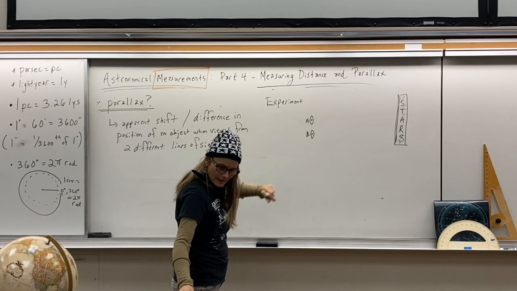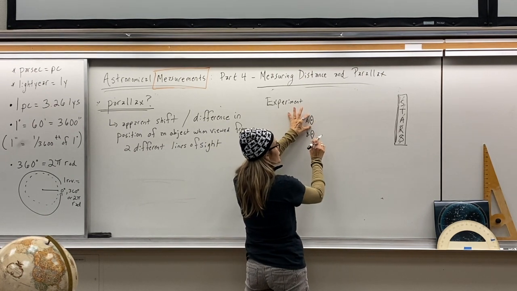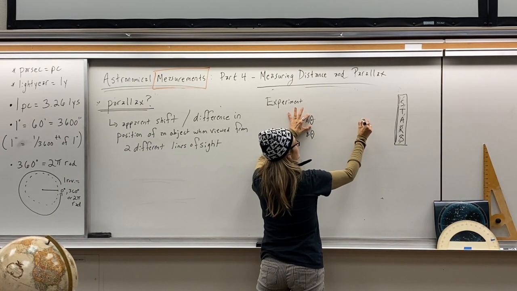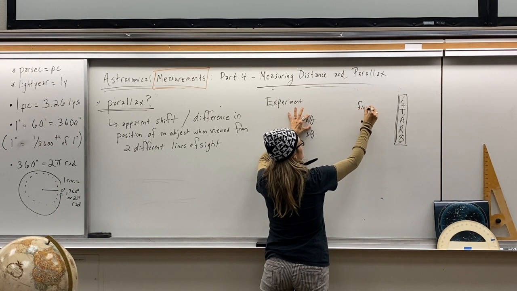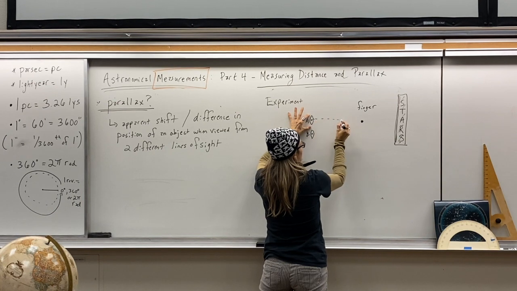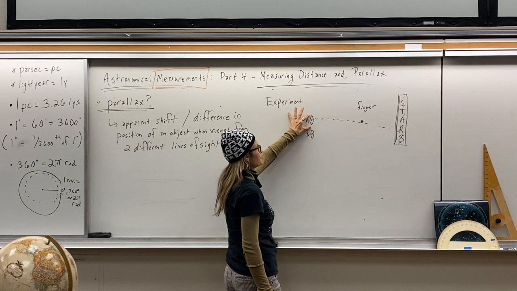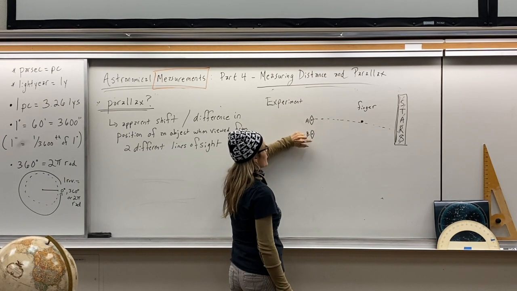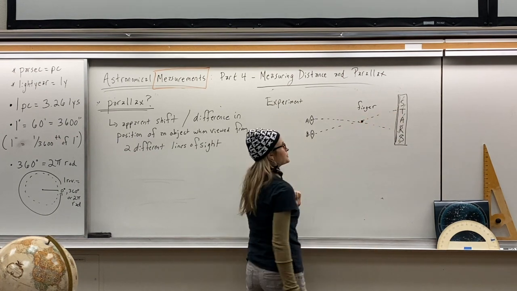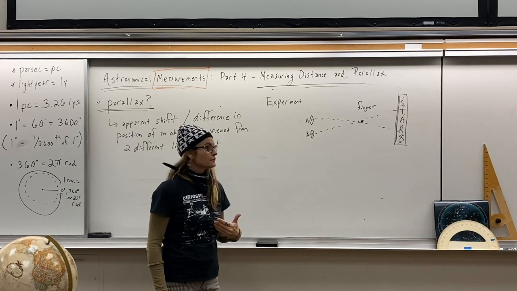And the idea is that when we have one eye uncovered and we're looking at, let's say, our nearby finger right here, here's our line of sight with respect to this background. And then we cover this eye up and uncover this eye, and we see our finger in front of a different background.